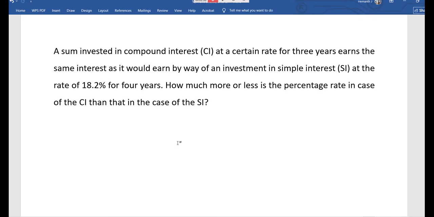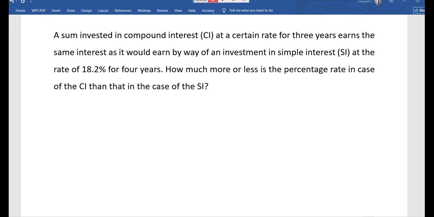Give it a try, how to handle. They said a sum invested, same amount. Now let's take principal equal to 1,000. Then first you calculate simple interest: 728, because 18.2% per annum for 4 years.